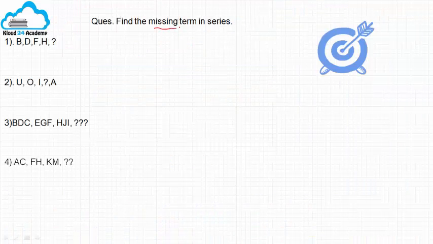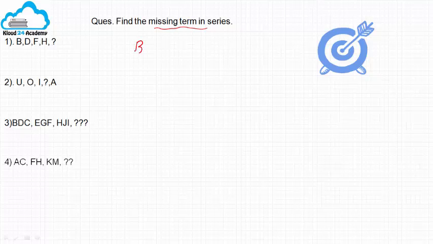Find the missing term in the series. Pause the video, try to solve all the 4 questions given on the screen, and I hope you'll be able to solve them very quickly. Let's begin with question number 1. B, D, F, H, question mark.